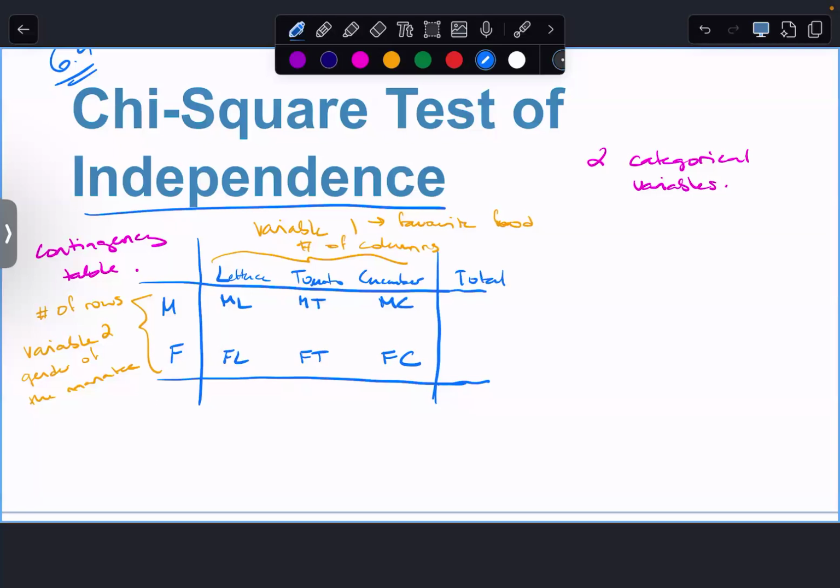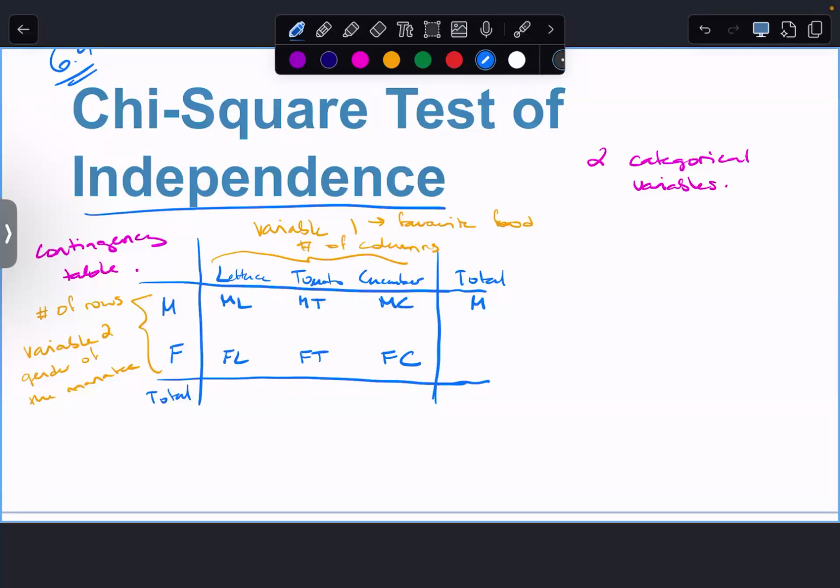This is all familiar at this point, right? Overall totals, this is, of course, the males that like lettuce plus the males that like tomato plus the males that like cucumber, making for the total males. Same thing for the females. What are we assuming? We have to assume that they can only have one favorite food, right? And we're also assuming they're only one gender, which is true for manatees.